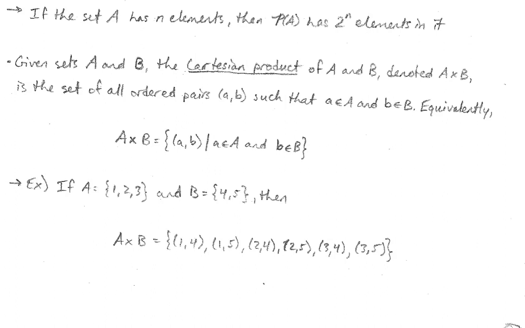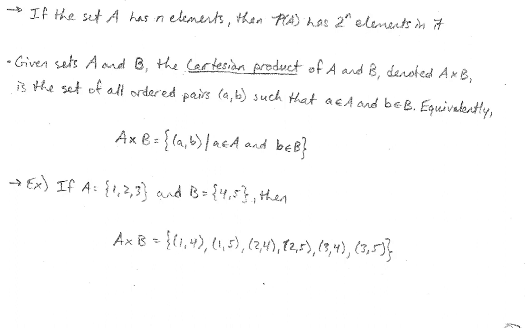So here's a really basic sample here. Let A be the set with 1, 2, and 3, and B be the set with 4 and 5. So I'm going to start with 1. I'm pulling that from my set capital A. Then I'll take 4 from my set capital B and make that the second number listed in my ordered pair.